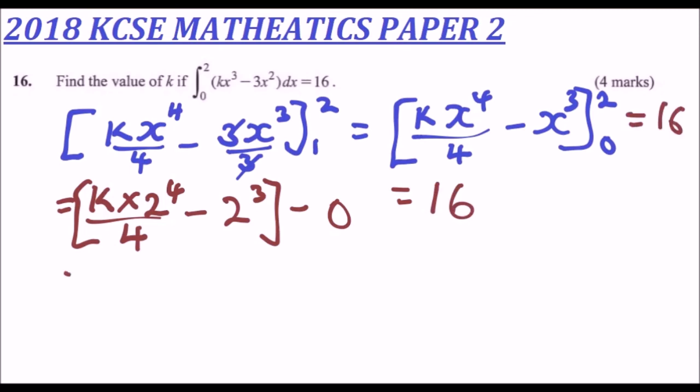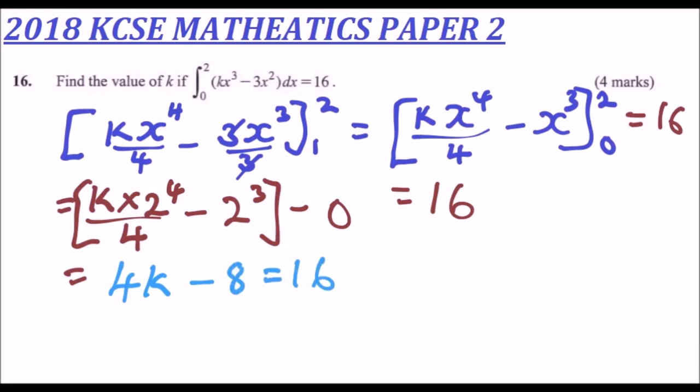So when you work this out, 2 to the power 4 is 16. 16 divided by 4 is 4. So you should get 4k minus, the other one is 8. So we have 4k minus 8 is equal to 16.